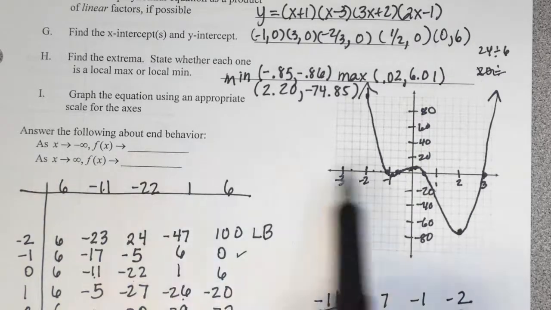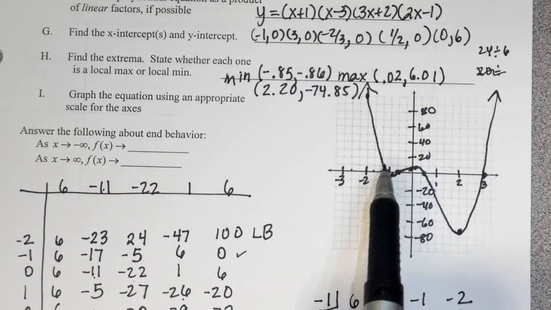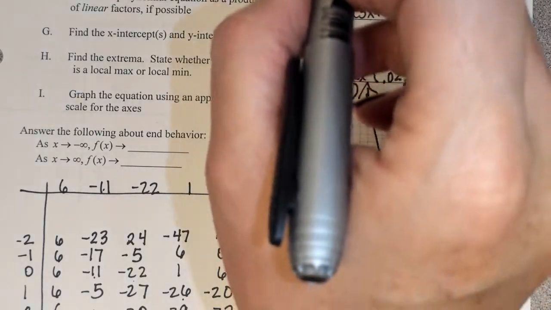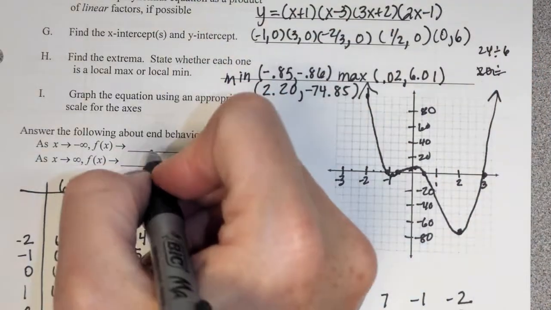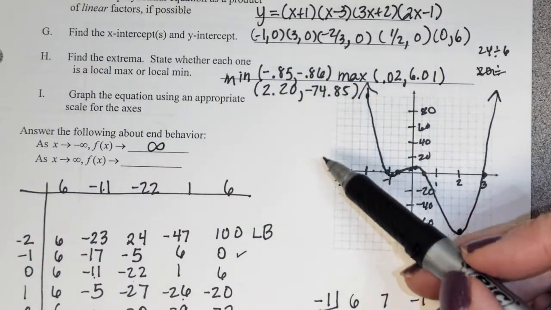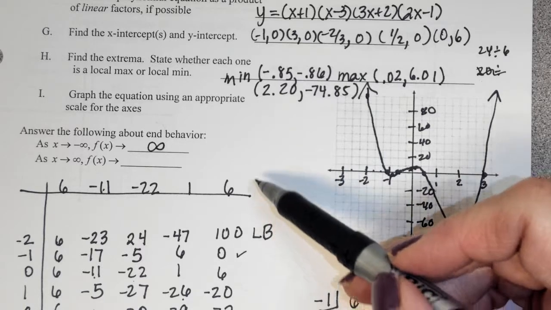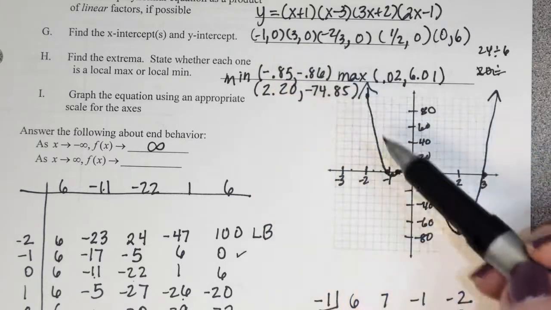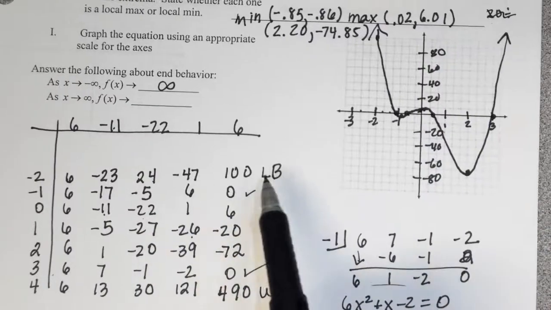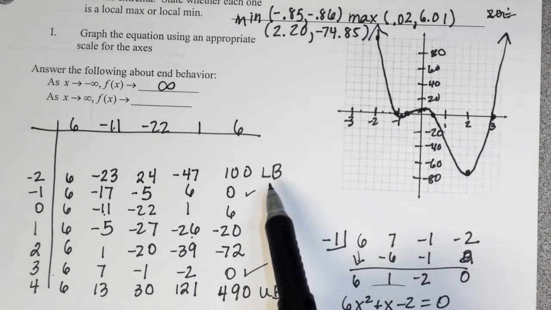Okay, so as x goes to negative infinity, as x goes down here and gets closer and closer to negative 100, what's the y value going to go to? Infinity. How do I know that it never comes back down and crosses the x-axis? What did we just learn about? The lower bound, right?